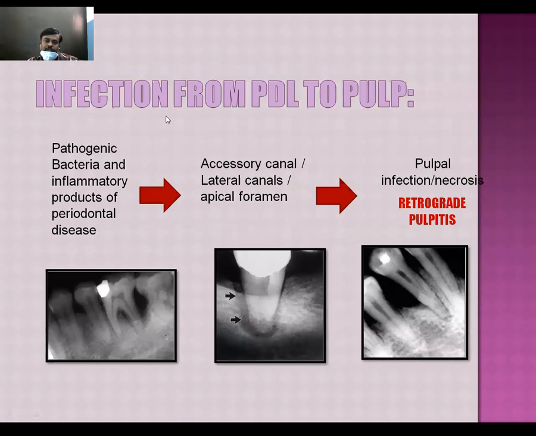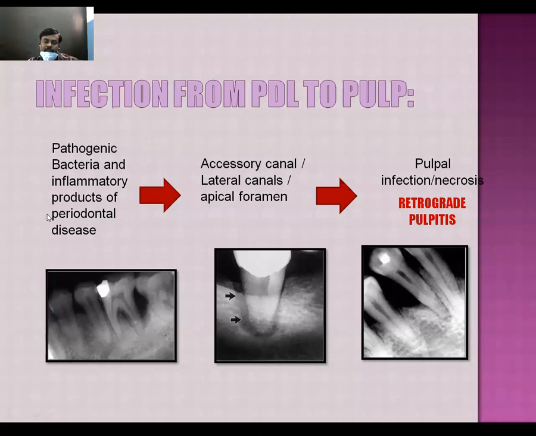So how is infection spread from periodontal tissues to pulp? Pathological bacteria and inflammatory products from periodontal tissue go through accessory canals, lateral canals, and apical foramina, spread to the pulp and cause pulpitis, which is called retrograde pulpitis.